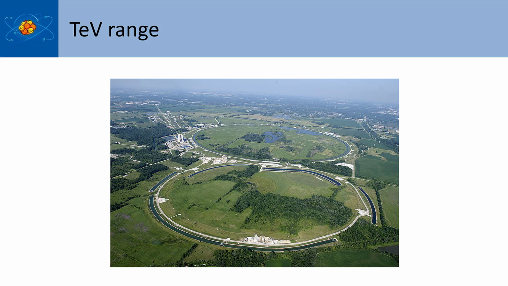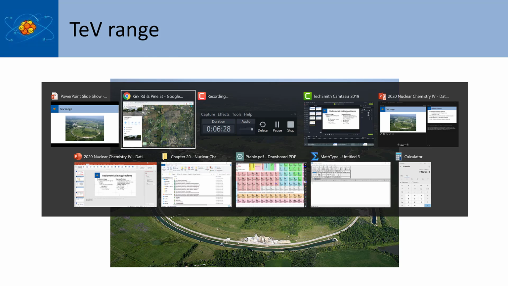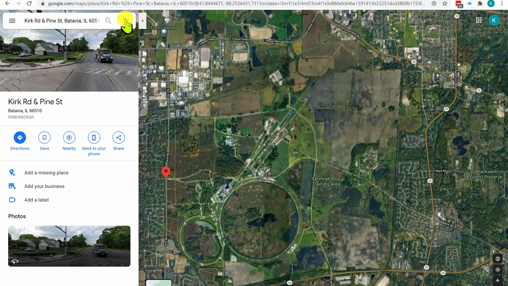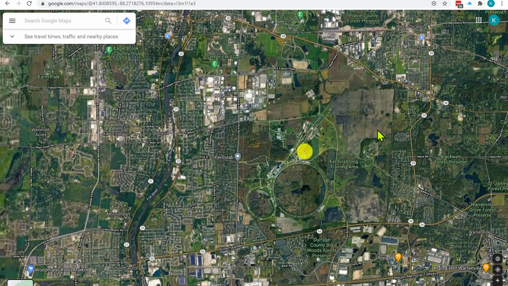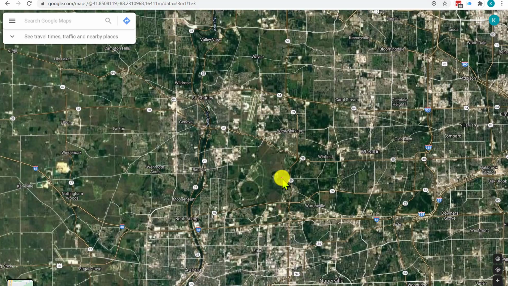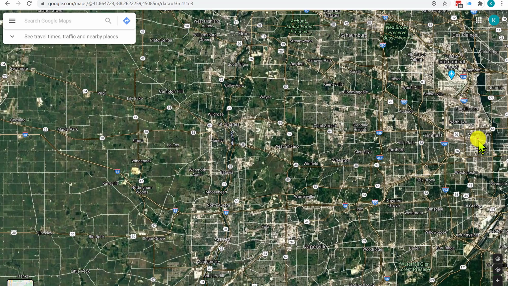This is actually Fermi National Laboratory, which is just out of Chicago. I thought it'd be fun. Here's Google Earth, and if you zoom out, this is the address for Fermi Lab. You can see the accelerators here. You can keep zooming out, and this is Chicago over here. This is where my nephew is studying.